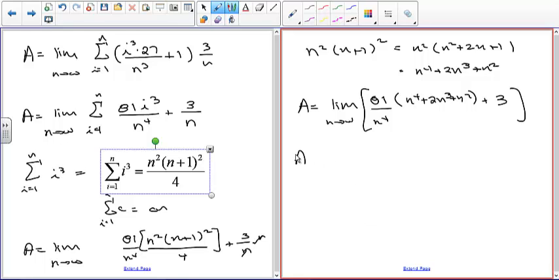And one last thing before we take the limit is we are going to divide everything by n. So we'll get 81 times n to the fourth divided by n to the fourth plus 2n cubed divided by n to the fourth plus n squared divided by n to the fourth plus 3.